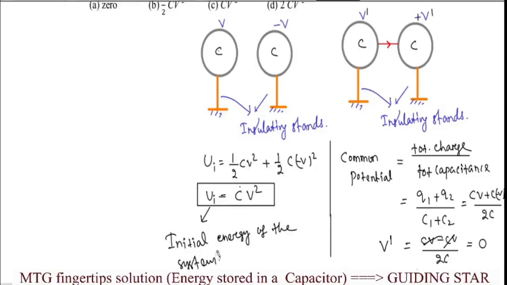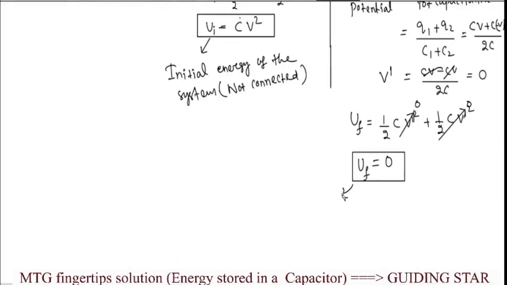That means this is before connection, and this is the final energy of the system after connection. So that is coming out to be 0.